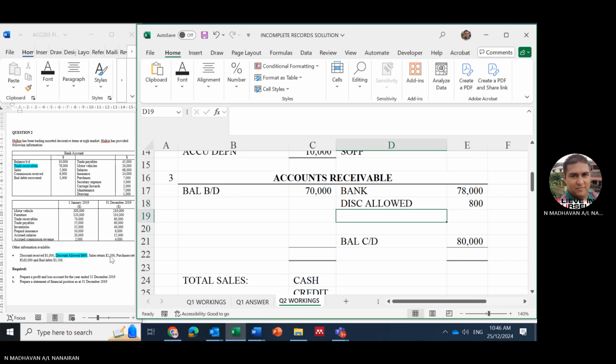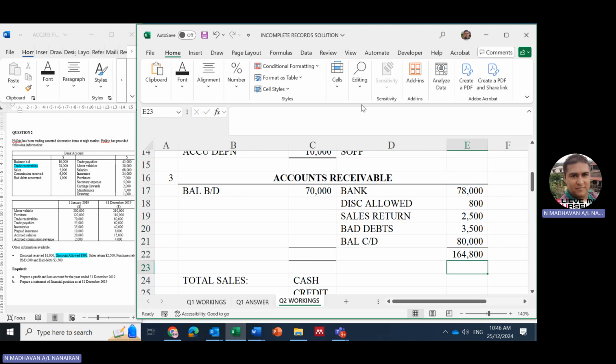Next, you have sales return. How much? Any bad debts? How much? Very good. So you can calculate your credit sales.